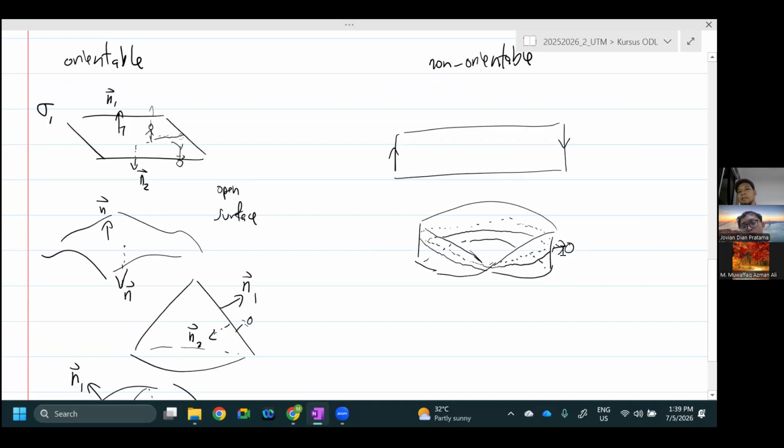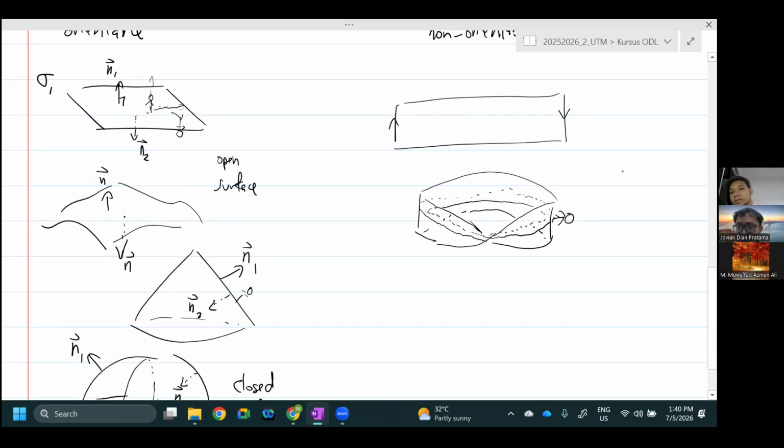So you can understand the normal, the direction of the surface, is just one direction. You can go all the way over the whole surface there. So this is one example of a non-orientable Mobius strip.